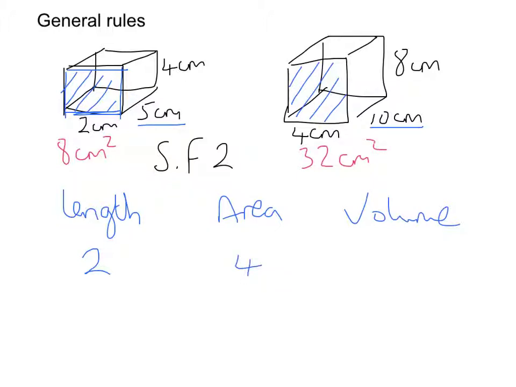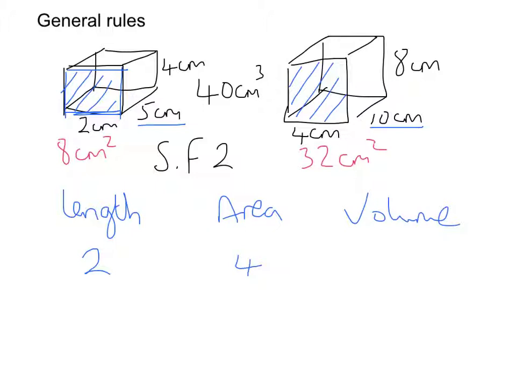Okay, well let's do the same with the volume. Let's see what happens with the volume if we look at the first cuboid and the second cuboid. The first cuboid's volume is 2 times 5 times 4, which is 40 centimeters cubed.